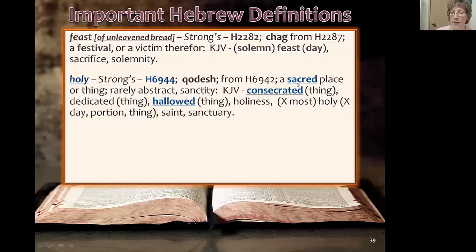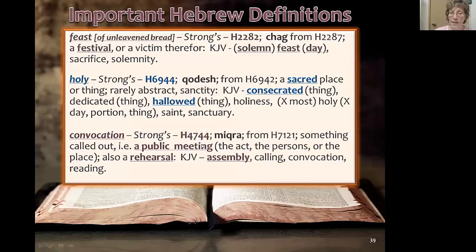Look what it says, a sacred place, consecrated thing, hallowed. Okay, so that sounds pretty good. And then convocation, it's 4744 Makra. Something that's called out like a public meeting. It's a rehearsal or an assembly. Well, that all sounds good. That sounds like something to do with Feast of Unleavened Bread.